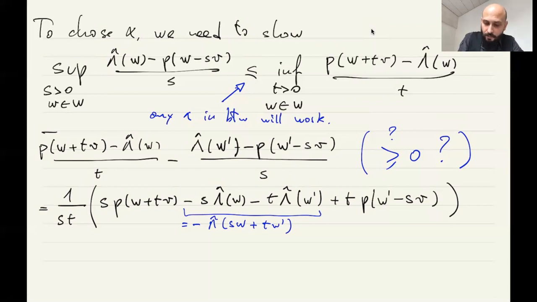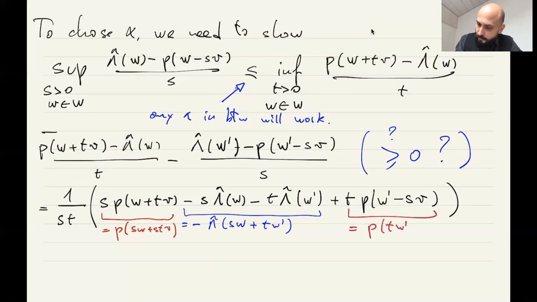And then I use also the linearity of the semi-norm. So this one is equal to p of sw plus stv. This one is equal to p of tw prime minus stv. Okay, let's write it carefully.